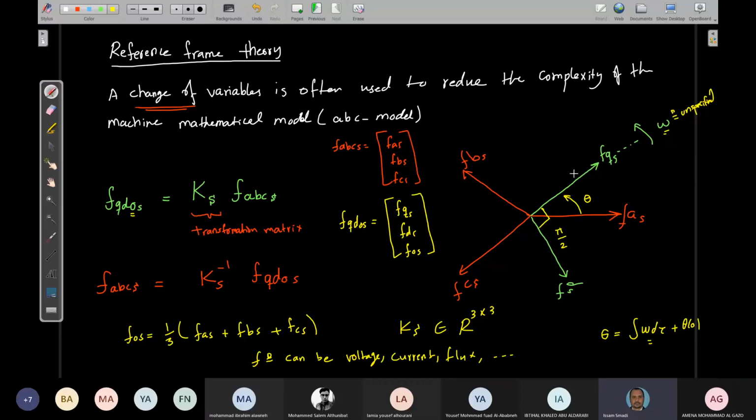So now let's see. Here, if I'm having a function which is directed toward FAS, and I need to find FQS, what will I do? I need to find the projection of FAS in the direction of FQS.